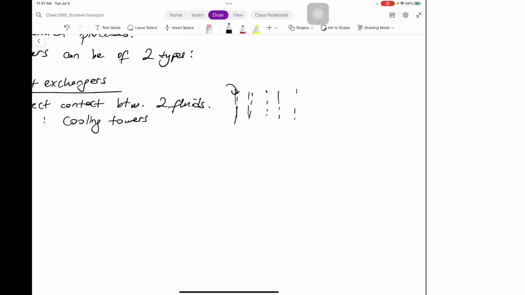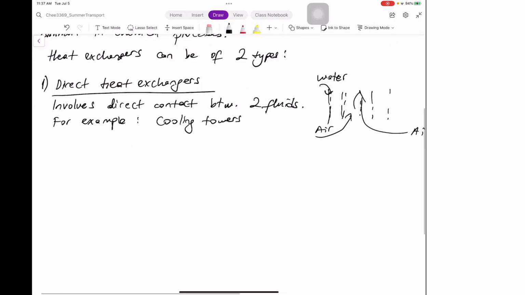The water falls down, and then the air is flowing in the opposite direction. And then it directly contacts the water. There is no other surface in between them. So cooling tower is a good example of direct heat exchangers.